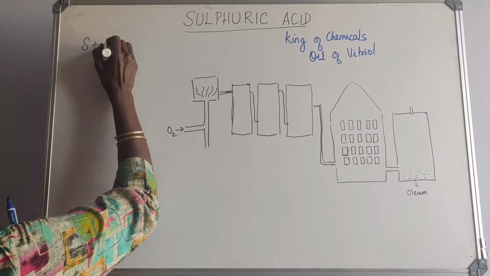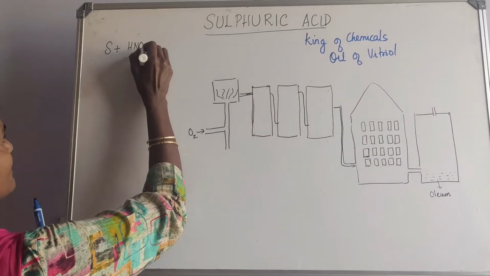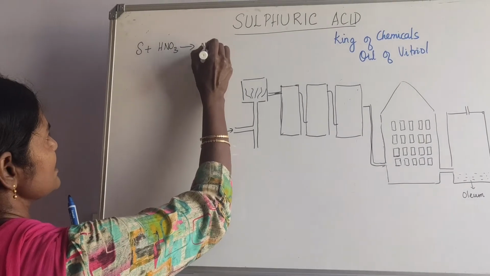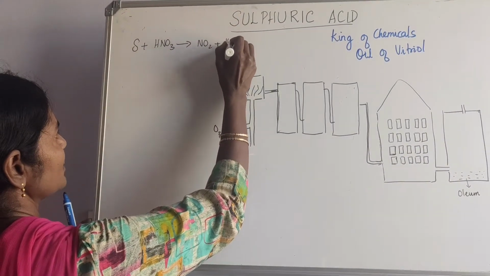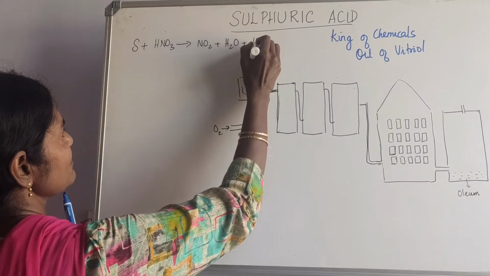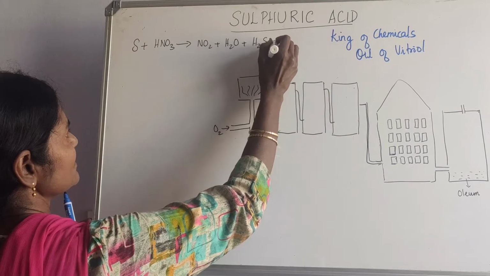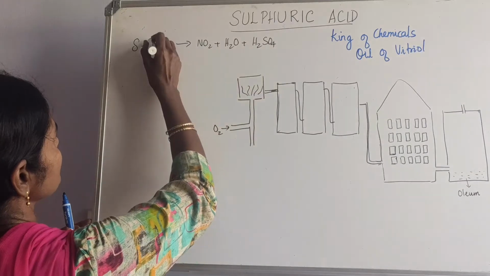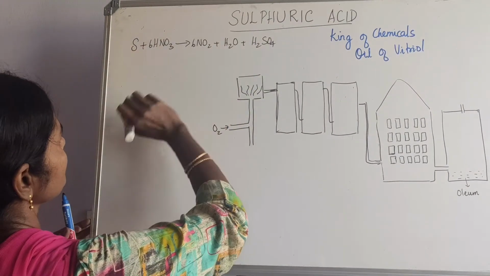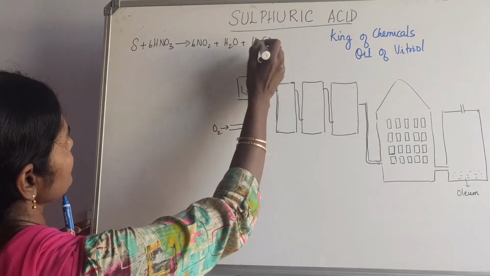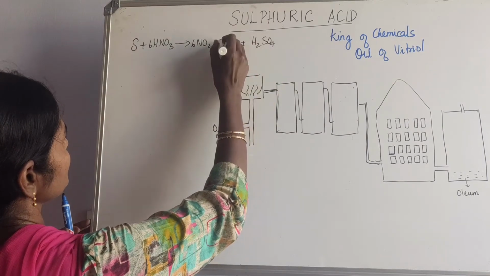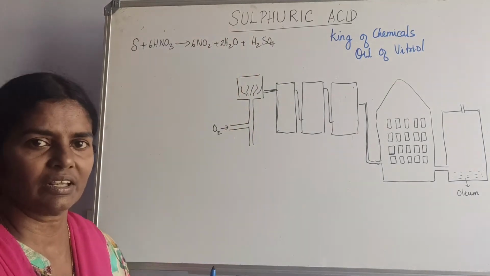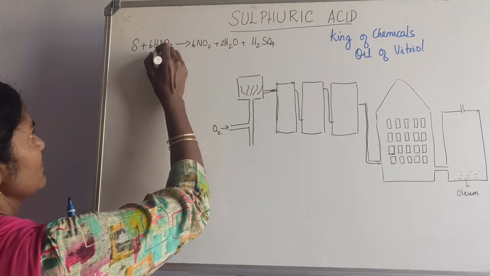Sulfur, when it reacts with concentrated nitric acid, gives you nitrogen dioxide plus water plus sulfuric acid. Alright, that is one way of preparing.